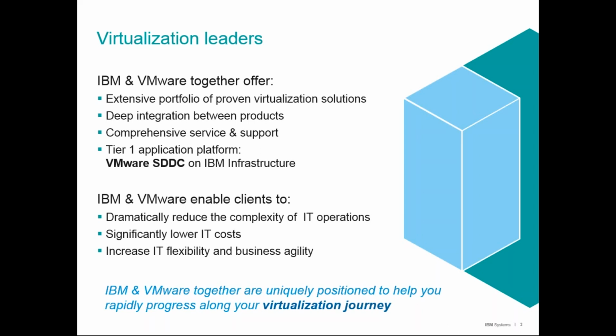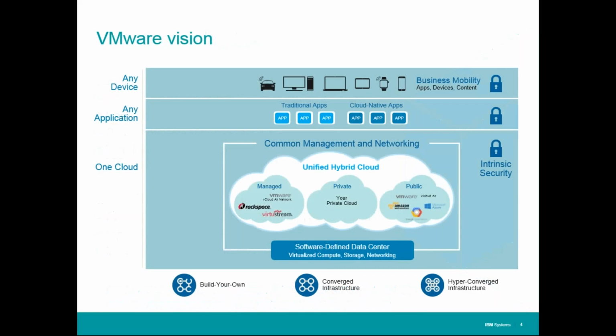This was certainly the case back in the days of server consolidation and reducing OpEx and CapEx, but really with management and automation, we can still drive significantly lower IT costs into the enterprise today. And then third, and not least, and this is really critical, is increasing IT flexibility and business agility. I mean, this is really critical today, and I'll tell you why.